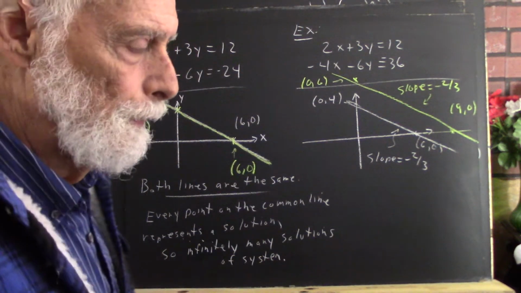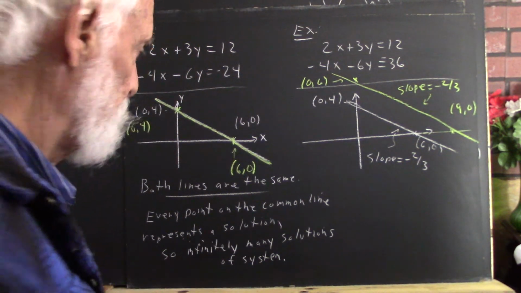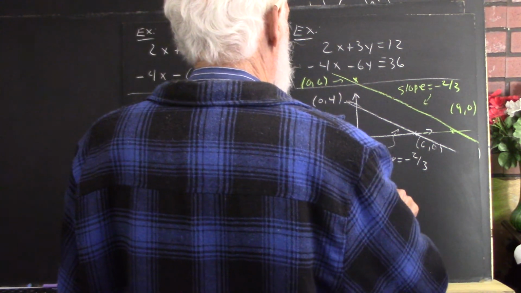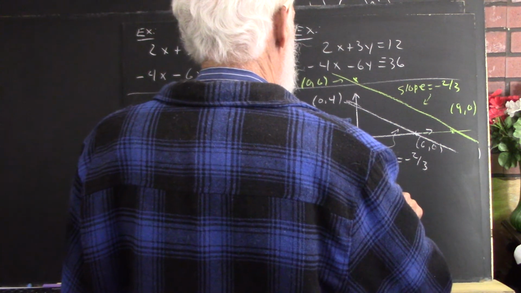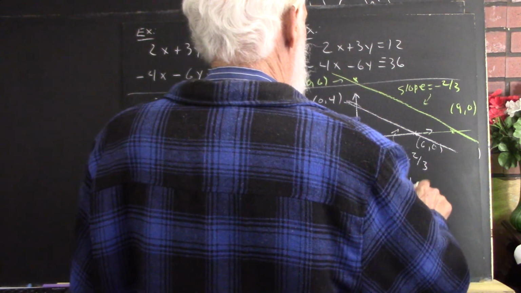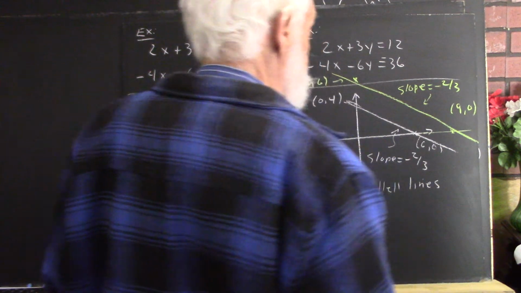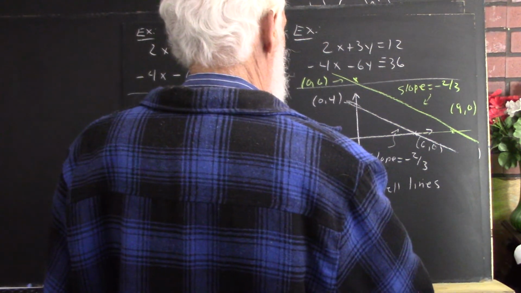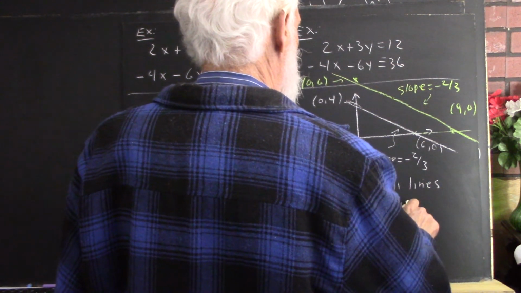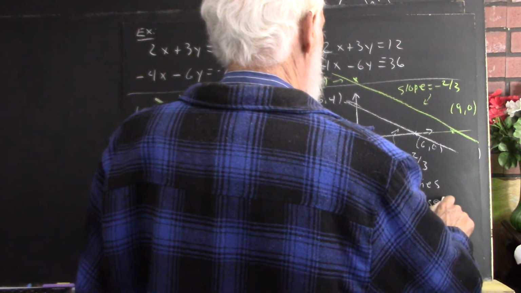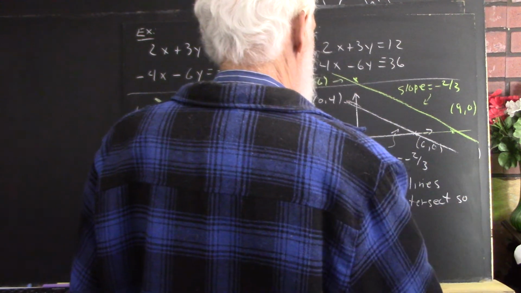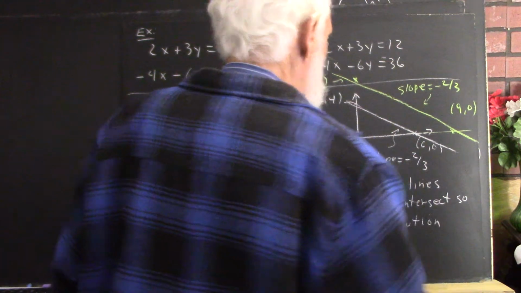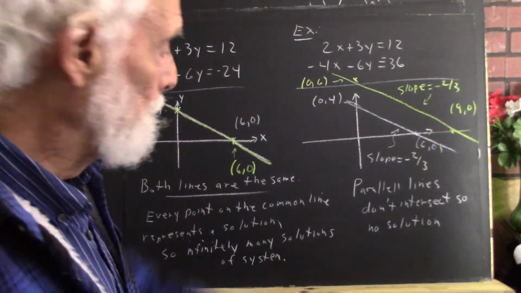Slope is also negative 2/3. What you have is parallel lines that don't intersect. So there's no solution because there are no common points.